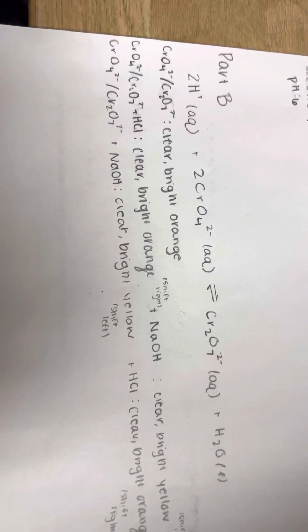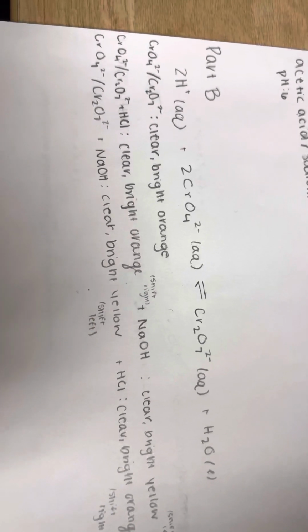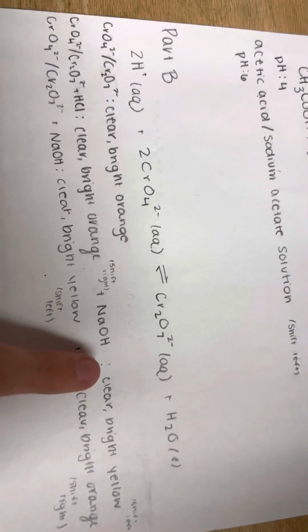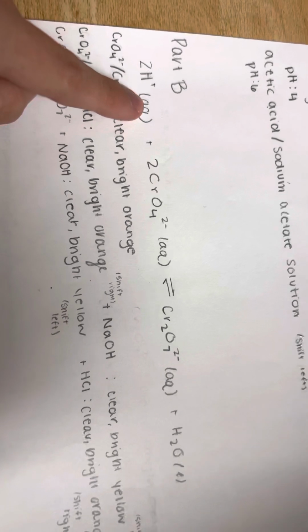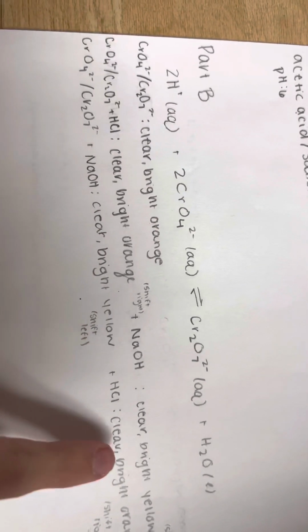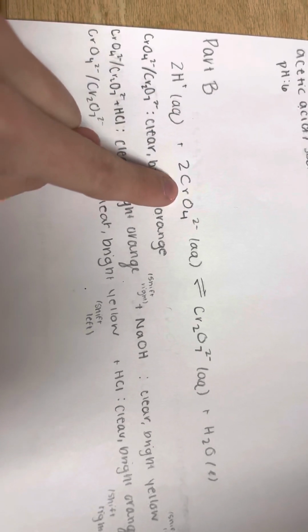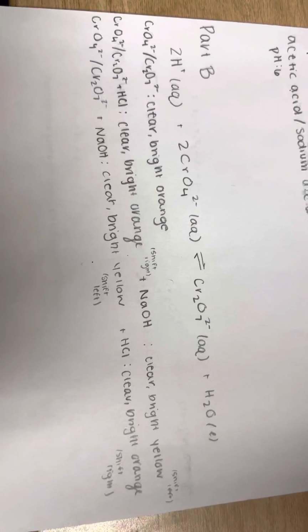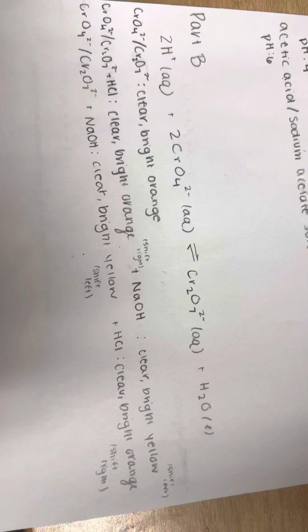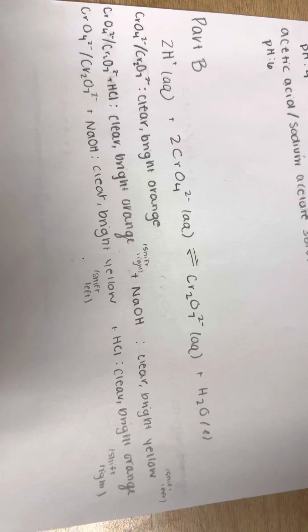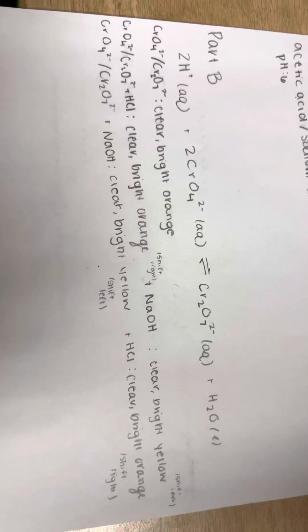So when a base was added, such as here, we can see that the equilibrium is shifting left because it is creating a clear bright yellow color, which is the CrO4 2-. So when the base is added, it is shifting towards the left, causing a more yellow color.